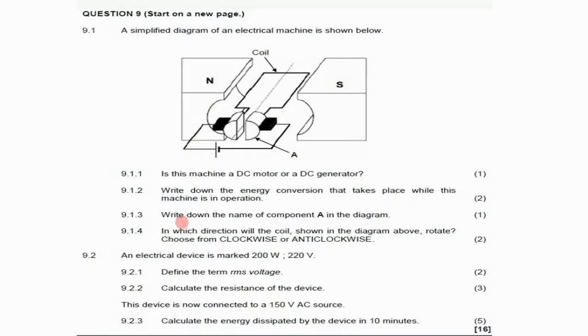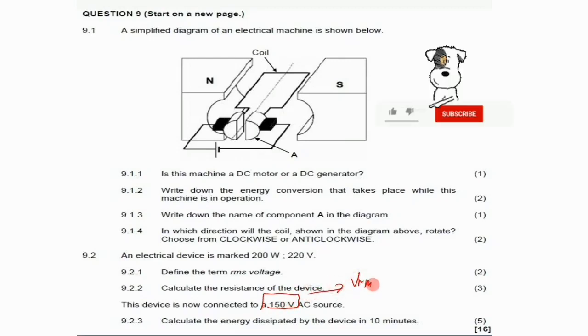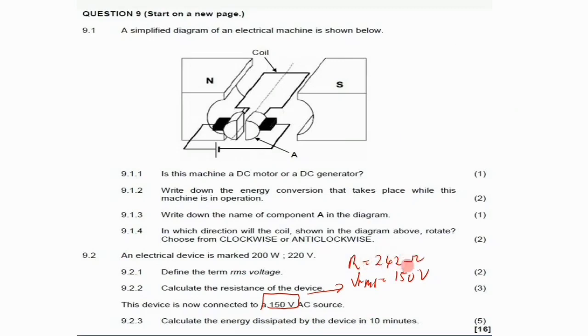Then it says the device is now connected to a 150 volt AC source. What are we given there? We are given another root mean square voltage in the AC, so it's 150 volts. Remember, this still has the same resistance of 242 ohms, because it is still the same device.